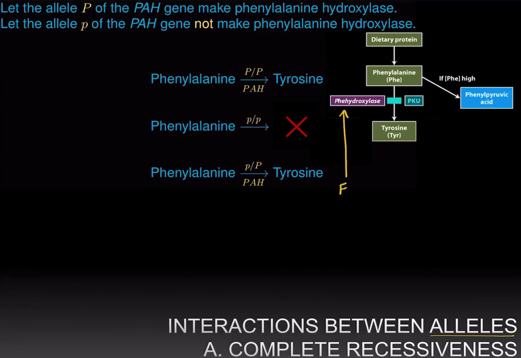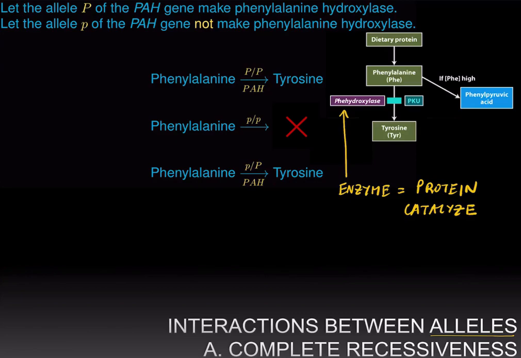And just to remind you, an enzyme is nothing but a protein that can catalyze biochemical reactions, which means it can make biochemical reactions go faster. The job of phenylalanine hydroxylase is to convert phenylalanine into tyrosine.